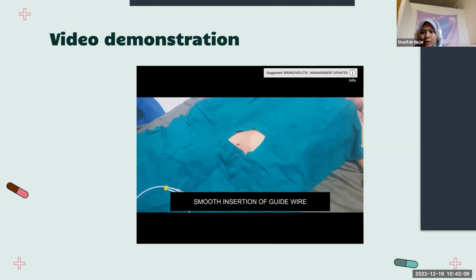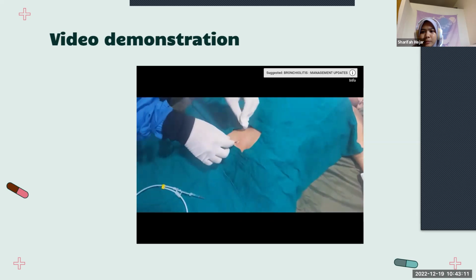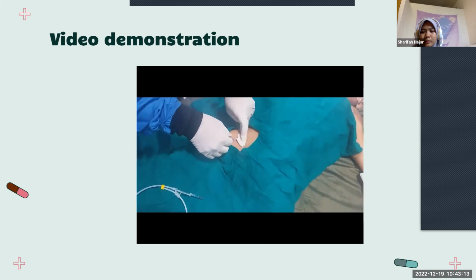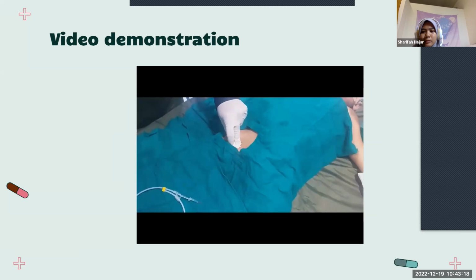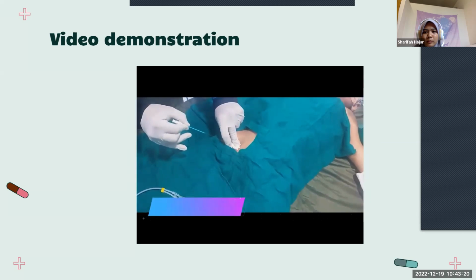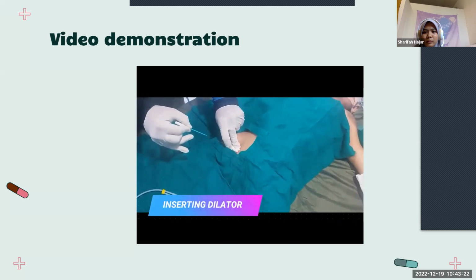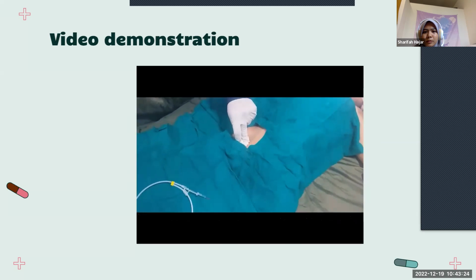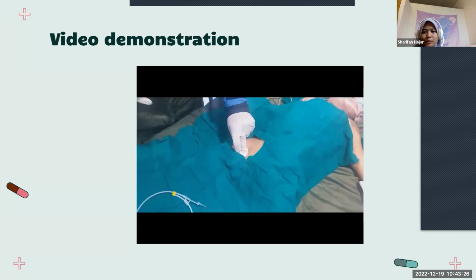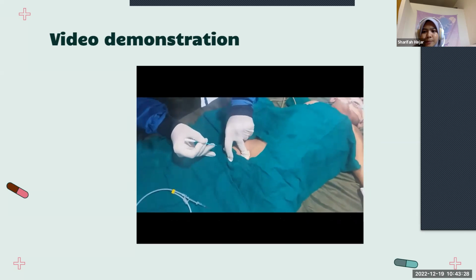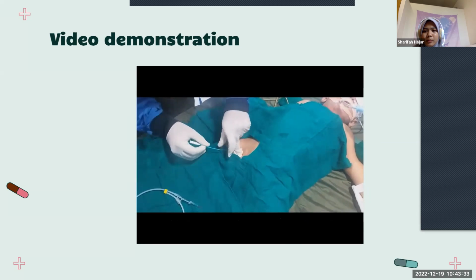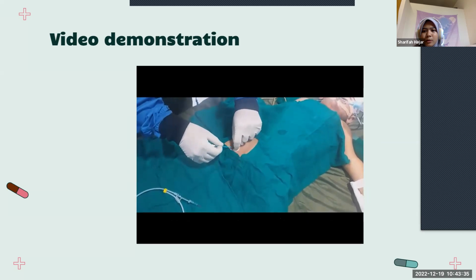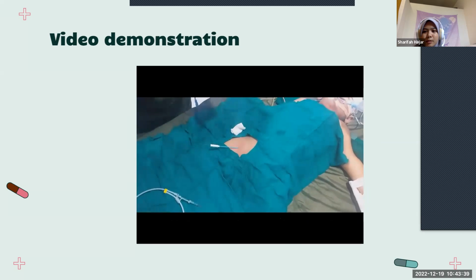And then withdraw the needle. And then insert the dilator. The doctor uses a scalpel to open up the skin.